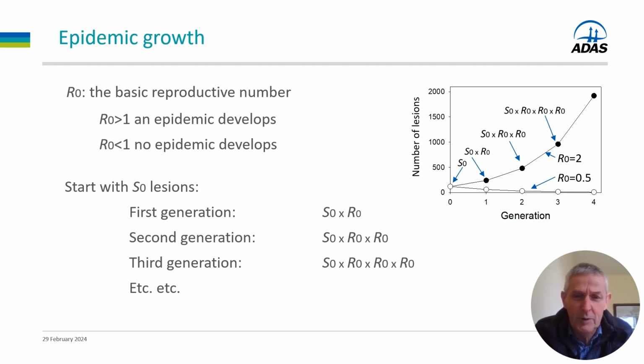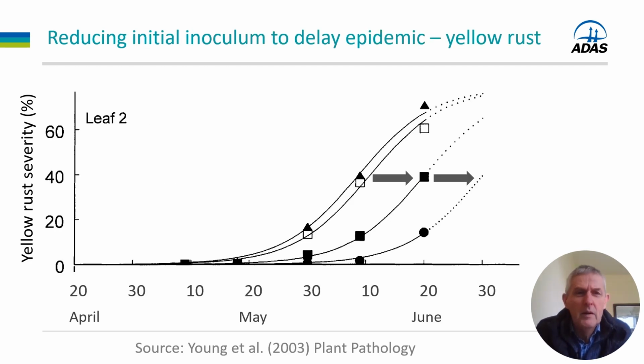Unfortunately, that theory also actually works in practice. This is data from a series of experiments that we did some years ago, where we manipulated the amount of yellow rust initial inoculum during the winter and into the very early spring, and then we left plots of a susceptible variety untreated to allow the epidemic to run.